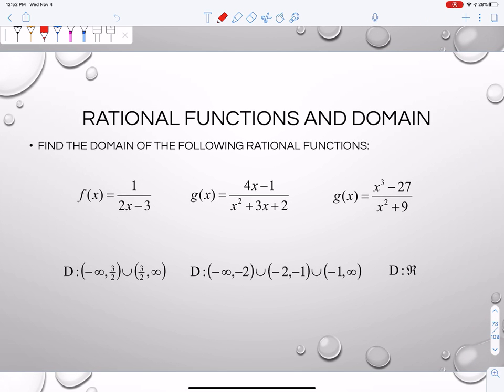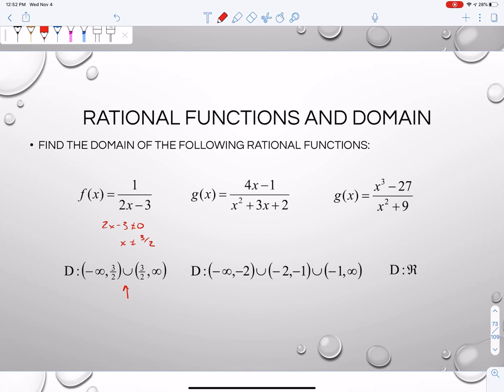I have a couple of rational functions here, and I have domains listed below for them. So here f of x is 1 over 2x minus 3. If I set that 2x minus 3 not equal to 0 and solve it, I get that x cannot equal positive 3 halves. Thus, I have the single break in my domain at positive 3 halves.